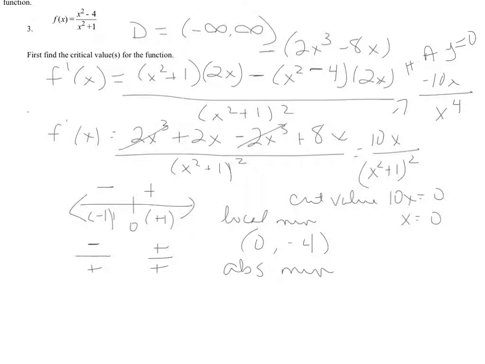And I know that because this thing had a horizontal asymptote at y equals 0. All right? I could have done the second derivative test, and I would have ended up with a positive value. And as long as it's a positive value, that means that it's going to be an absolute min. Okay?